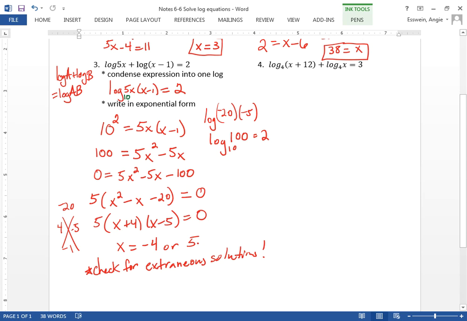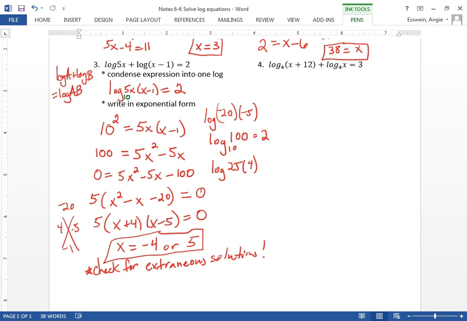Okay, so the negative 4 works when I plug it in. The 5, is that going to work? Log of 25 times 4. It looks like that's also going to work. So we're okay. Oh, I know why. I'm sorry. You know why it doesn't work? Because you have to look at the original equation. And if you plug in negative 4 in the original equation.